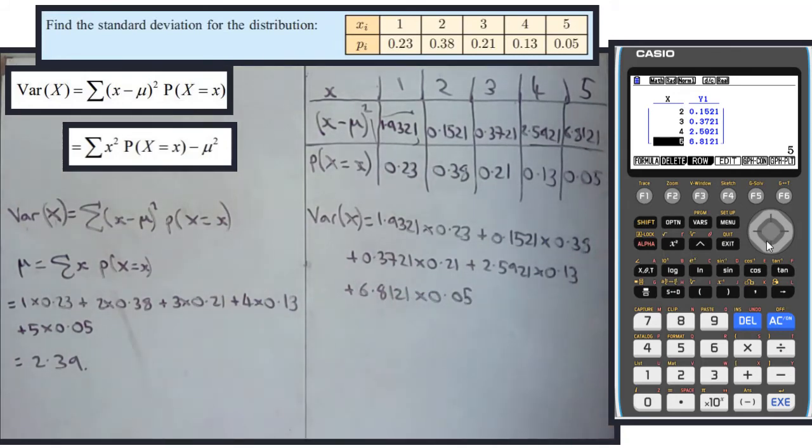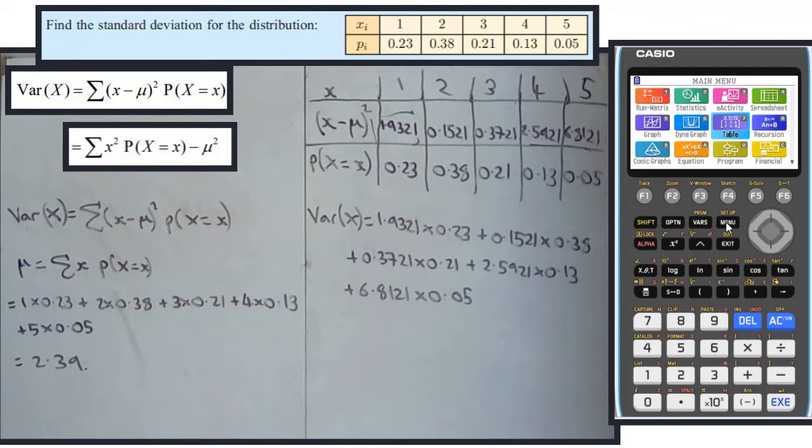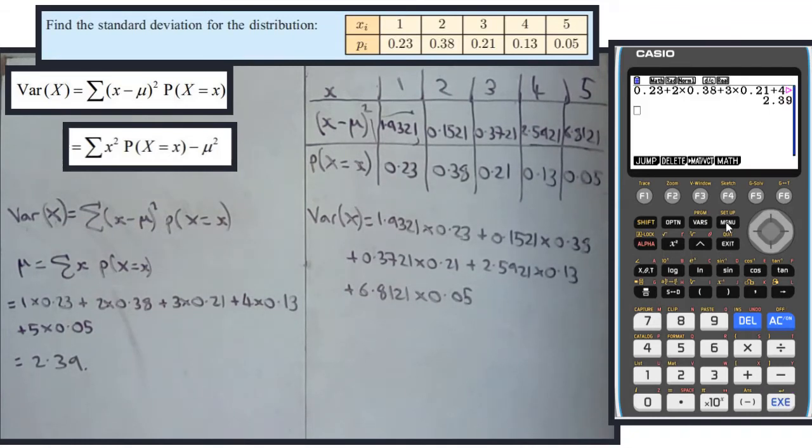You can see already, even though there's only 5 x values, it's an incredibly long and tedious thing to do. So I will show you in a minute how you can do this a lot quicker. I'm going to have to do this calculation, which is not the most enjoyable thing, but never mind.